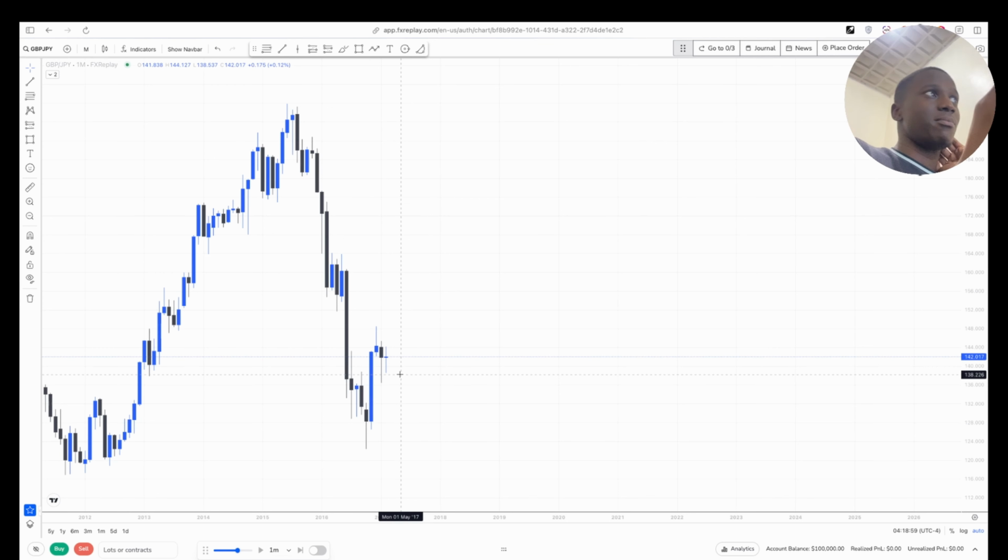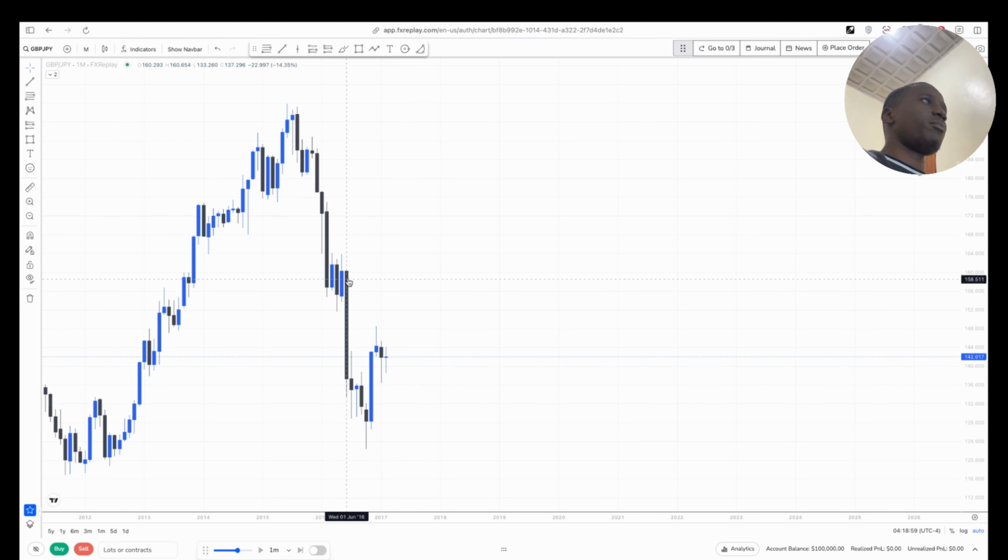So what the monthly time frame has shown us is that this was a bullish month, then a bearish month, and since this was a small retracement to this big fair value gap right here, we can expect to go higher and maybe touch this big order block, or this breaker block in here.